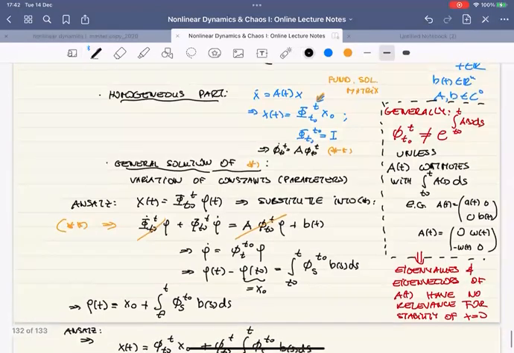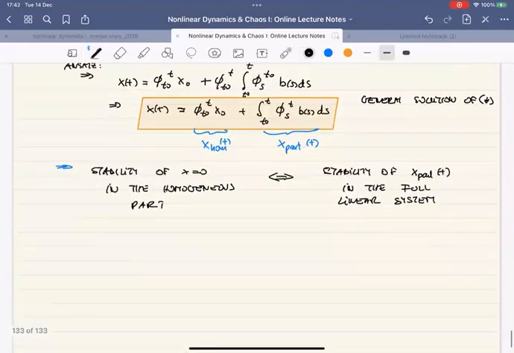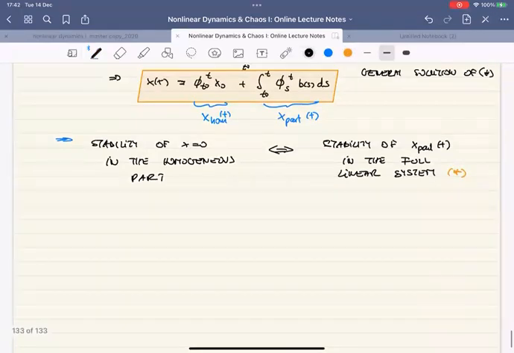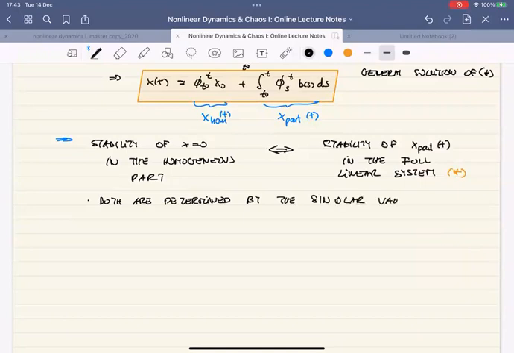So the full linear system, what did I call it? Yeah, star. Okay, and both are determined by the singular values.